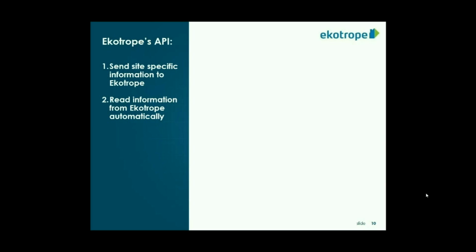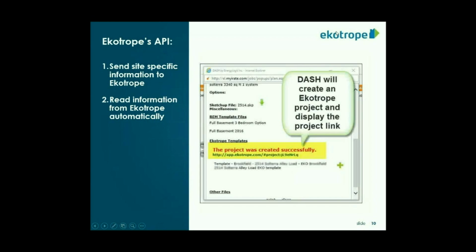This has a lot of current and future implications, but I do want to start by just talking about two products that are already connected to Ecotrope. One of them is Dash, a system that Energy Logic created. And for that specific purpose, think about Dash as storing templates or plans about different projects with some site-specific information. And Dash can simply launch Ecotrope with the template, with the site-specific information automatically.